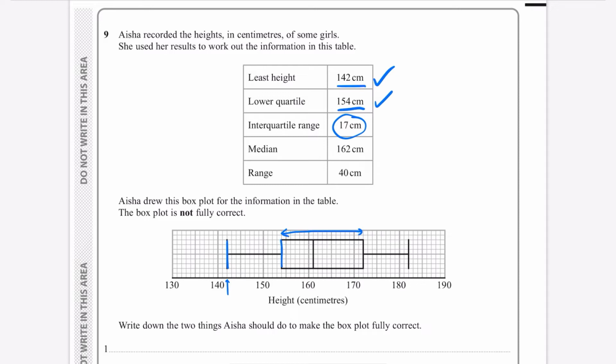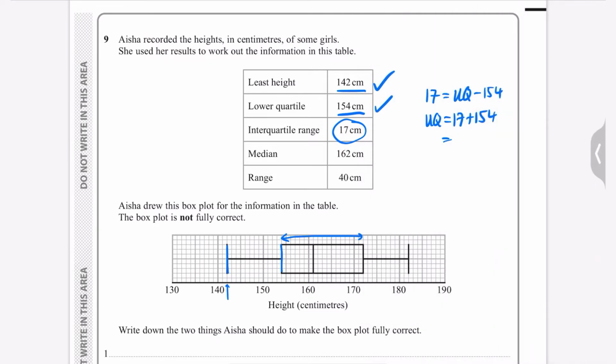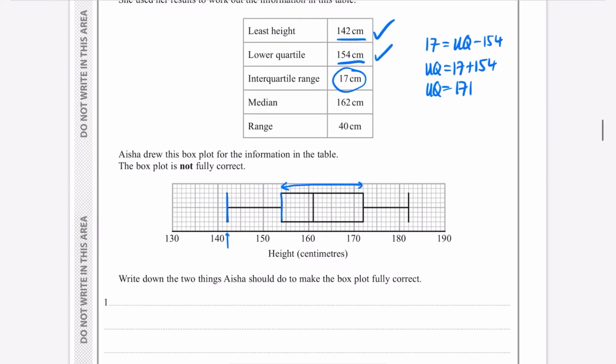Or you could think to yourself that the interquartile range, 17, is the upper quartile take away the lower quartile. So the upper quartile must be 17 bigger than the lower quartile. Let's see if the upper quartile is in the right place. So I'm going to do 17 plus 154. It's 171. So the upper quartile should be at 171, but she's drawn it here at 172.